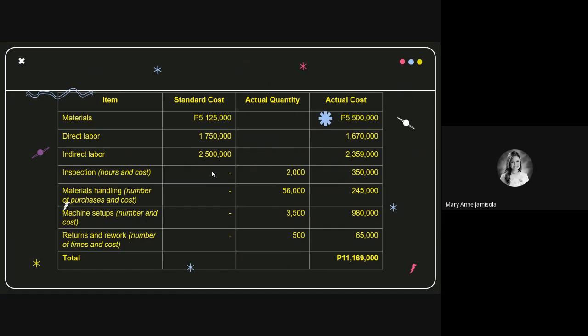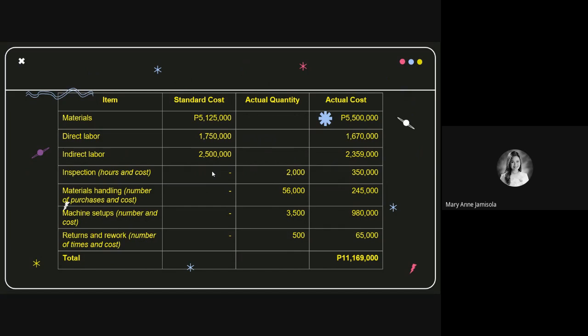The total actual cost is 11,169,000. So the first requirement is to calculate the target cost for maintaining the current market share and profitability. So the total cost of producing 25,000 units of our product is 11,169,000, right?